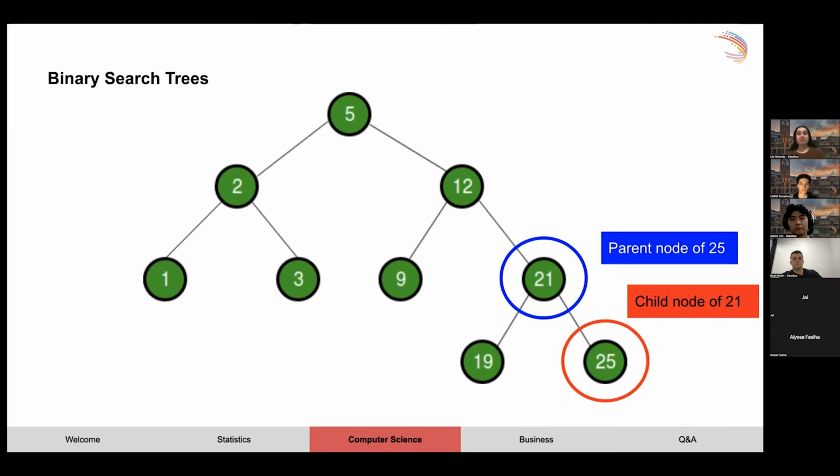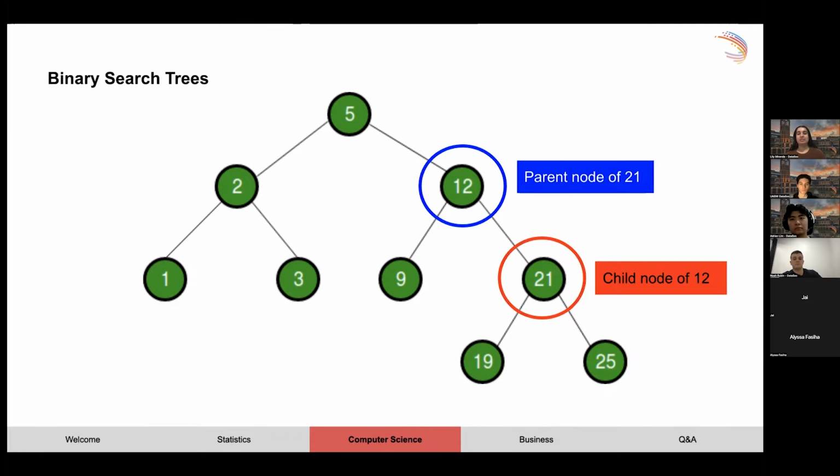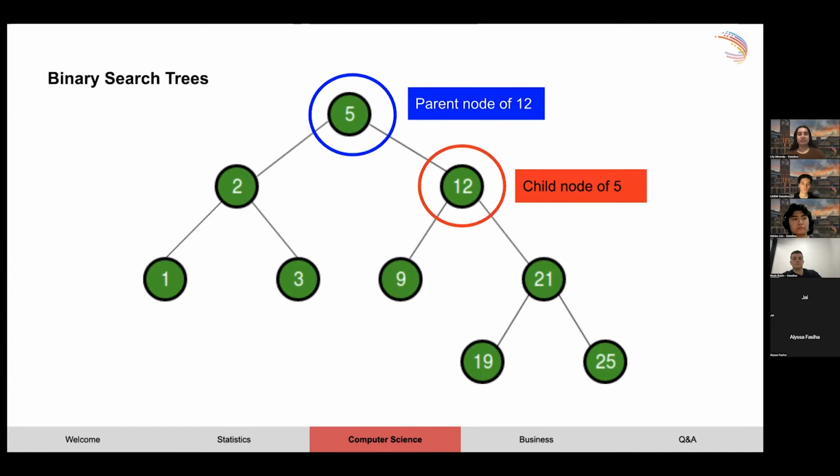This is similar when we move up a level. 21 is the child node of 12, and 12 is the parent node of 21. Again, 12 is now the child node of 5, and 5 is the parent node of 12. And these terms apply to all combinations of nodes in the tree, which are connected in a similar way.